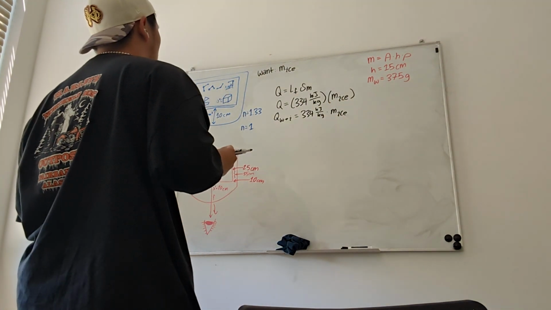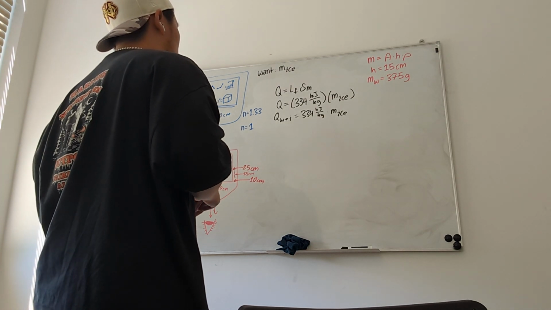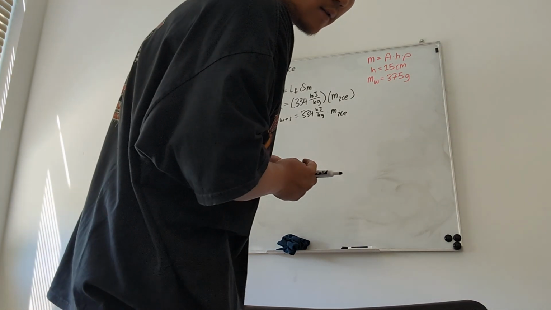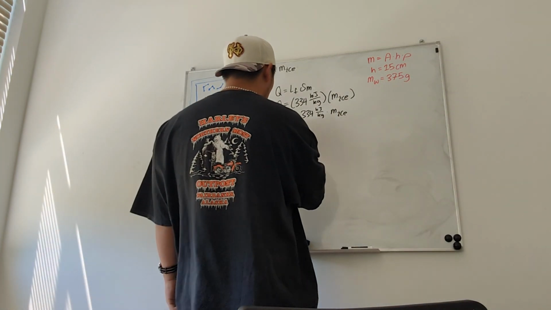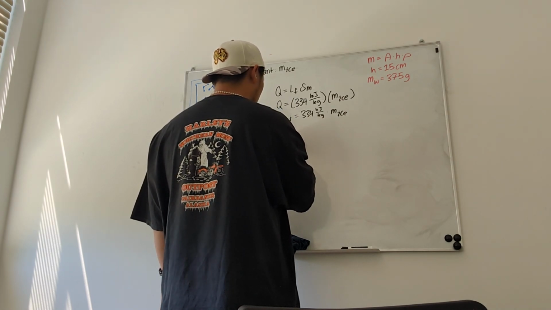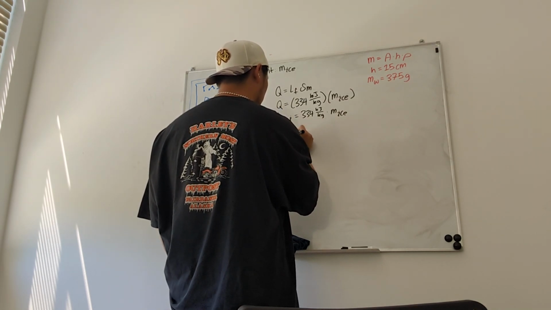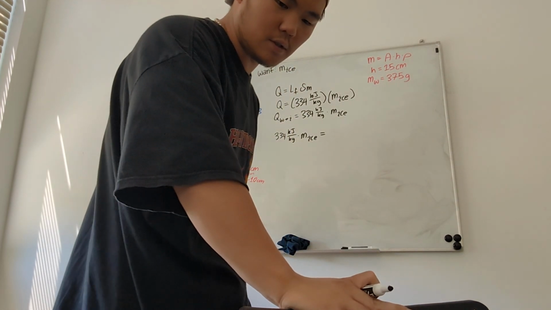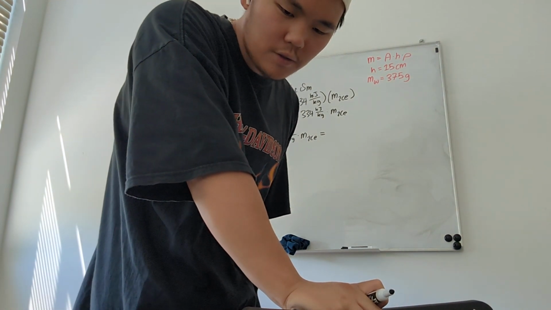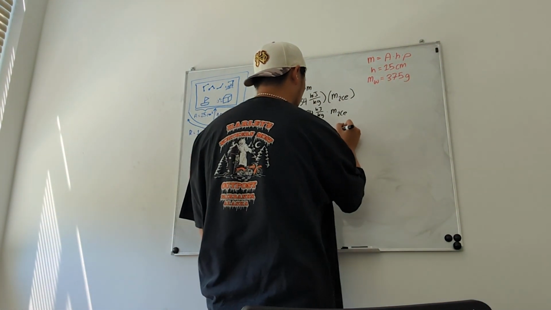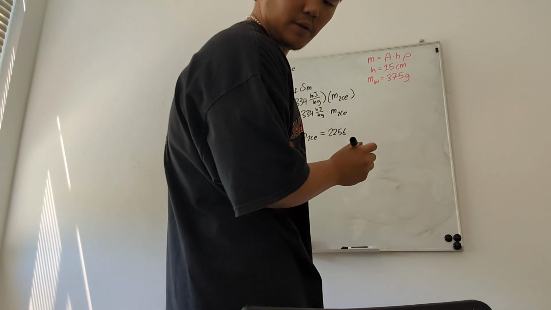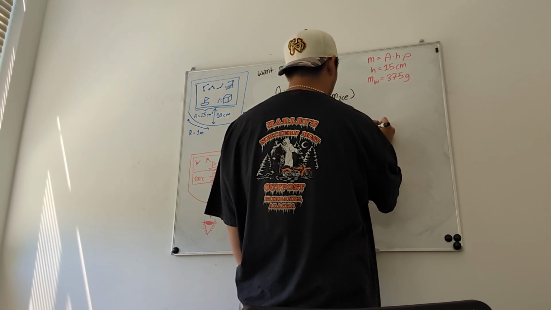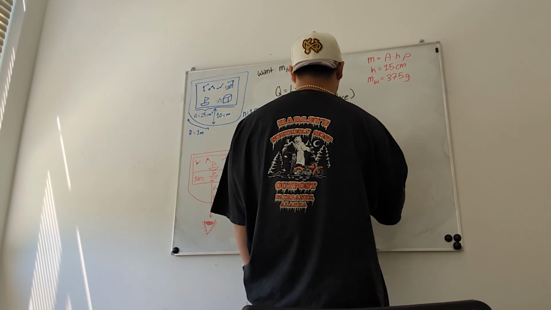All right, so now let's figure out the ratio for the amount of vapor in this step using the heat of vaporization. It's going to be Q, which we know is 334 kilojoules per kilogram times m ice, is equal to the heat of vaporization, which for water is 2256 kilojoules per kilogram, times mass of vapor.